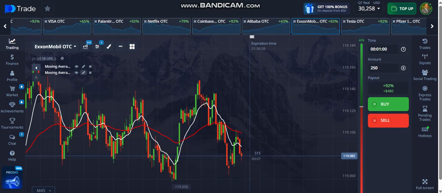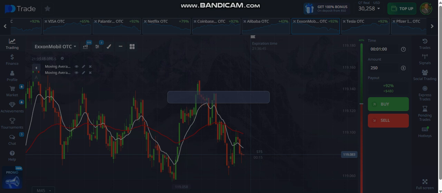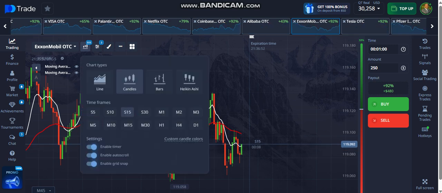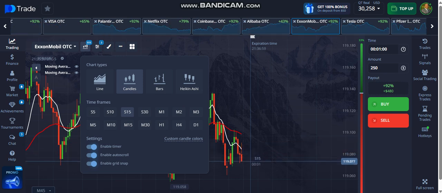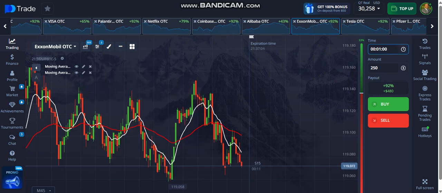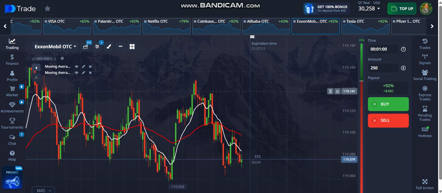The second is the 50 period EMA, exponential moving average, which is the red line. In addition to that, I have my candles set to 15 seconds, regular Japanese candles, and my trade time is going to be 1 minute expiry.